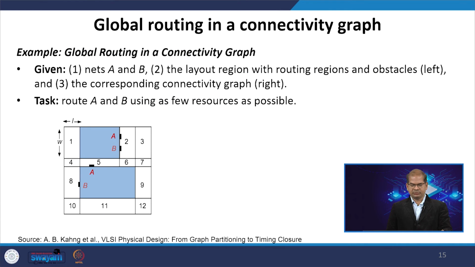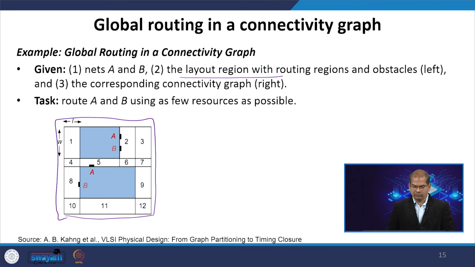Now we will discuss one example. In this example, what is given to us is a layout, which is the layout of our design. The second thing given is nets A and B. The connectivity graph is given here, but we can also create the connectivity graph from the layout itself.